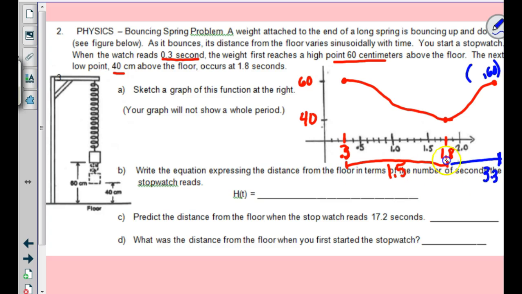Because it was shifted to the right 0.3. Really what you need to know is that the period is 3, because 1.5 seconds took half a period. Anybody may explain that better? Okay, so I went max to min, and it's going to bounce back up to max, and it's going to take the same amount of time it took to get down to get back up. All right, what else do we know?